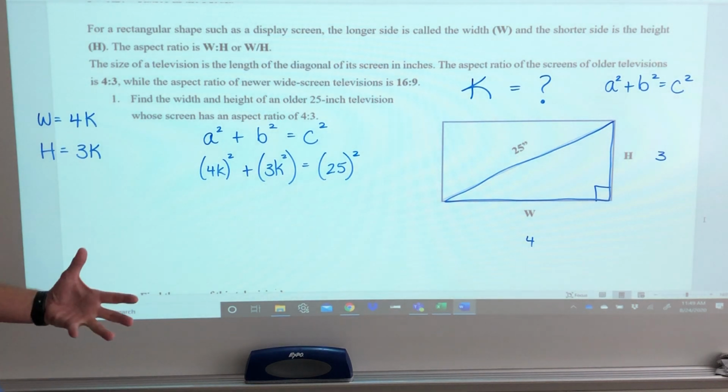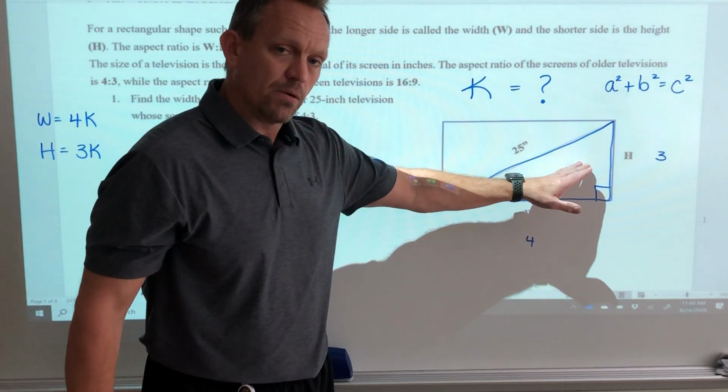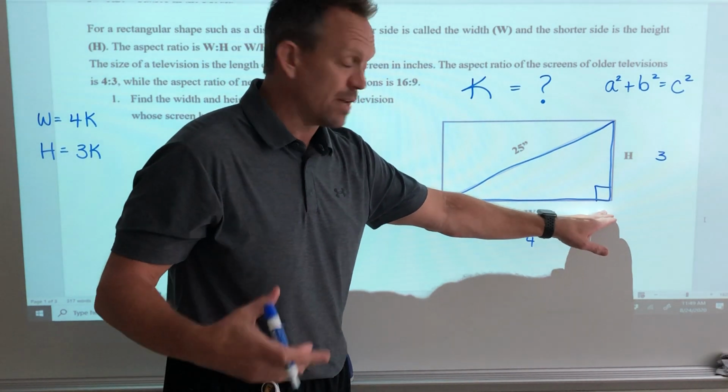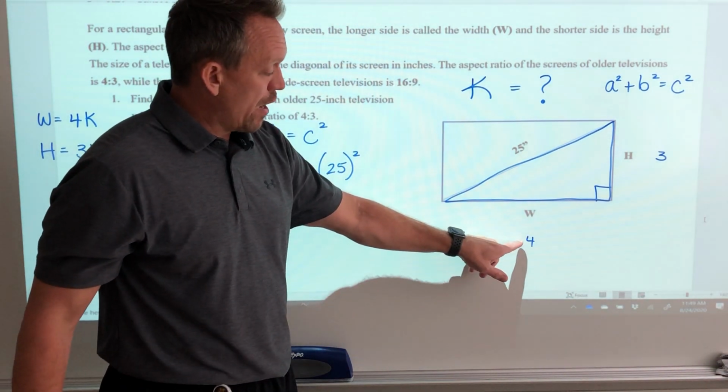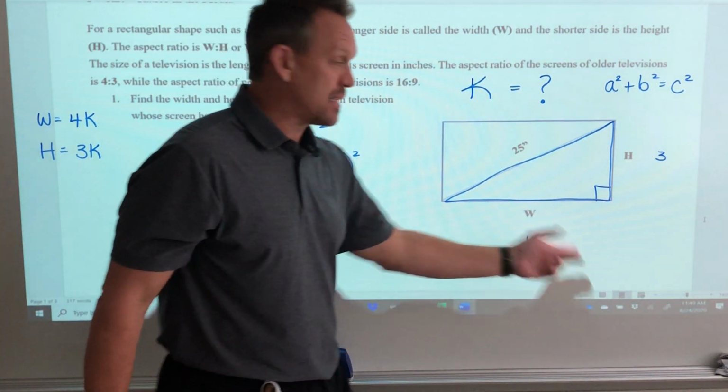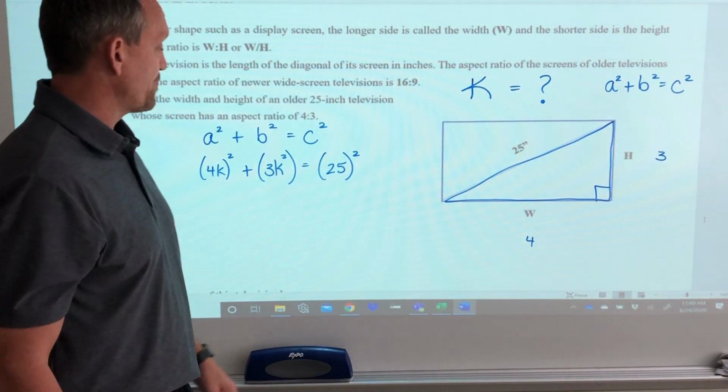Again, to reiterate, we're going to use this right triangle, because it's a rectangle, so there's a 90-degree angle there. Our aspect ratio is 4:3, but we don't know what our length or our height is.